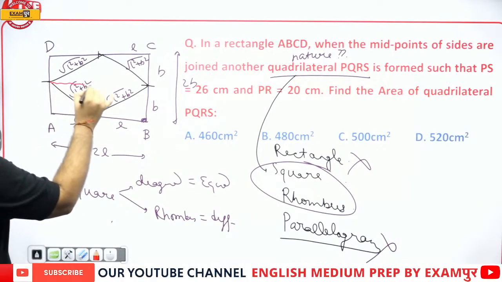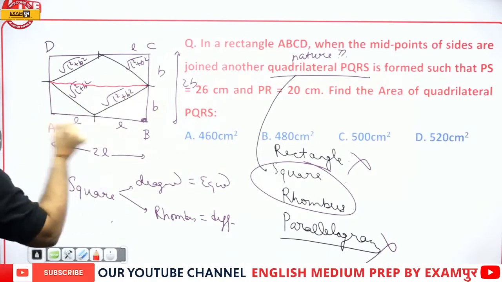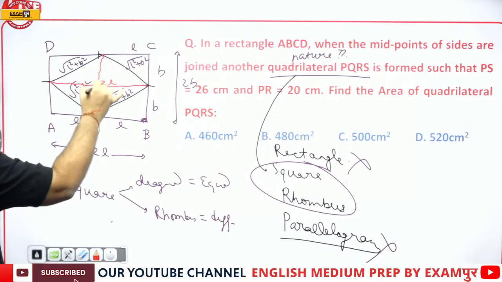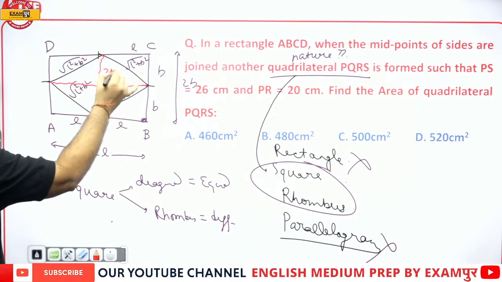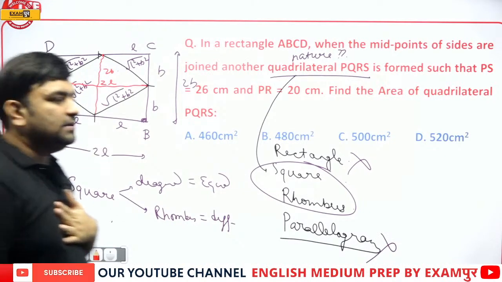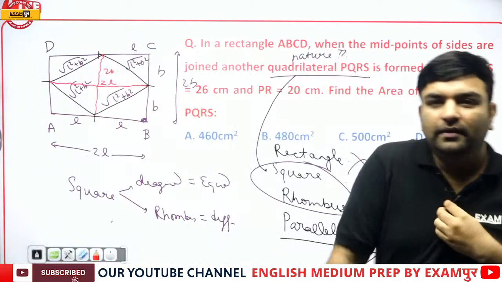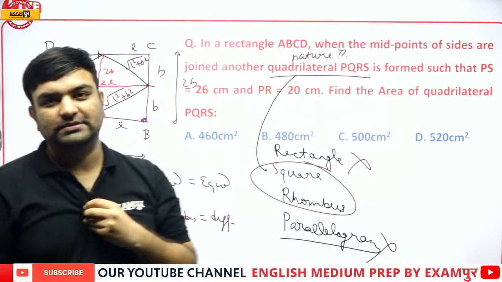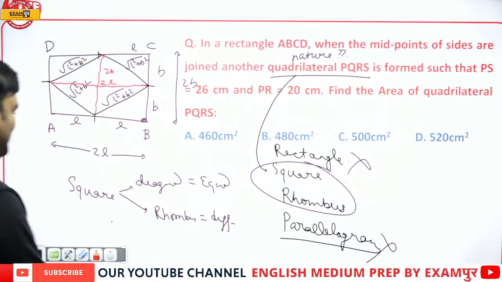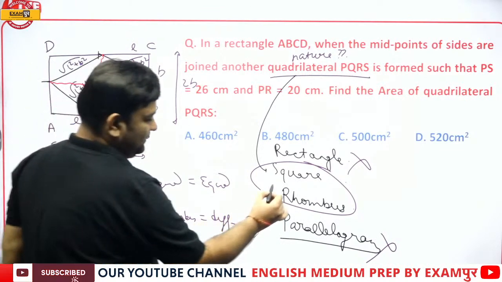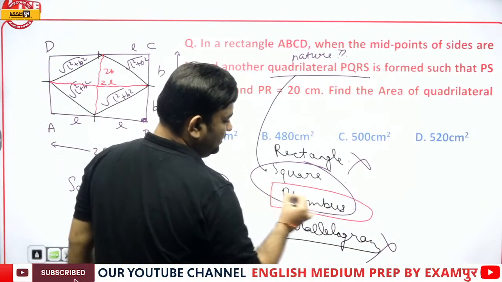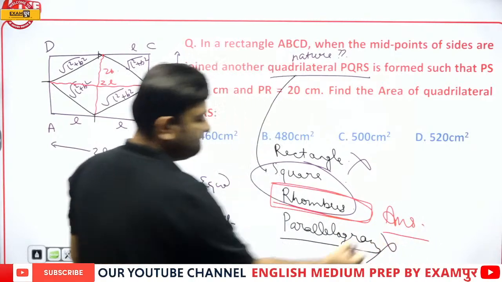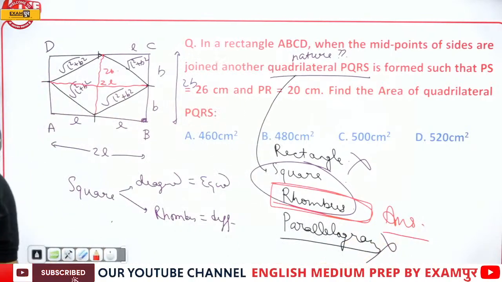Here, this diagonal is equal to 2L, the length of the rectangle, and this diagonal is equal to 2B, the breadth of the rectangle. So diagonals are different. So it's a rhombus.